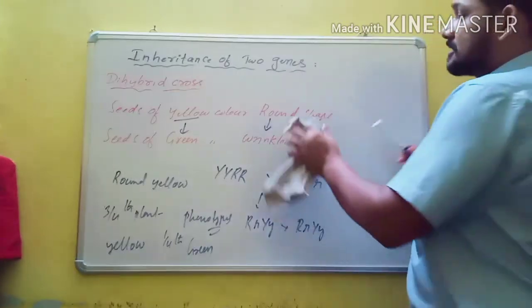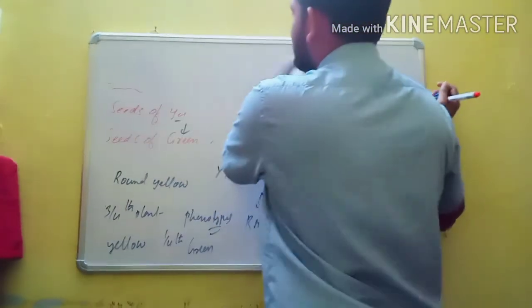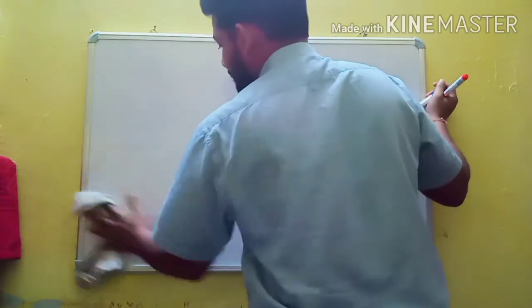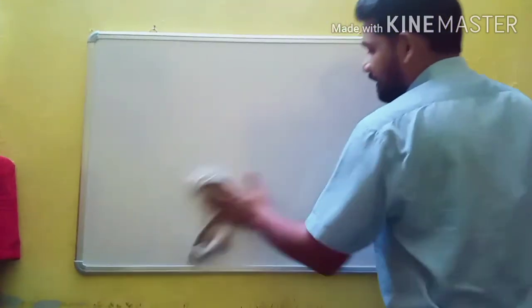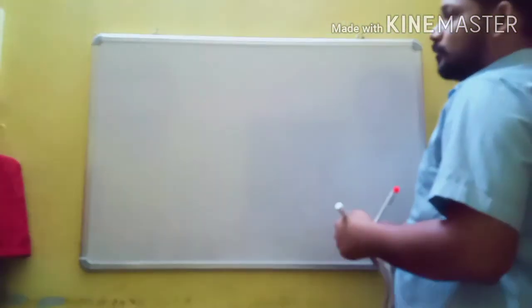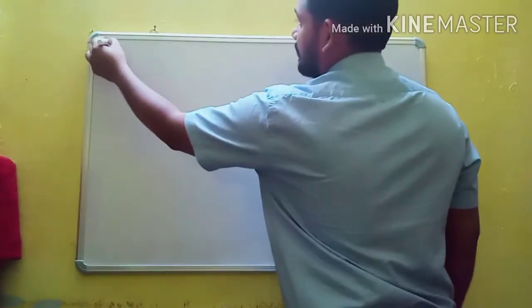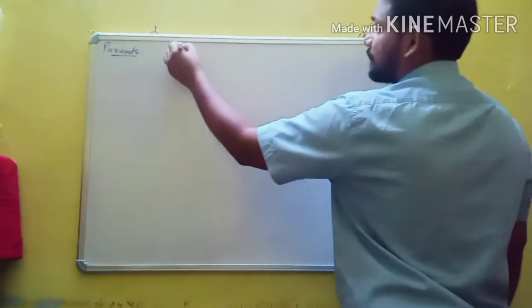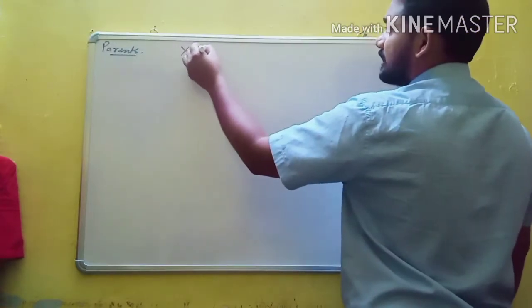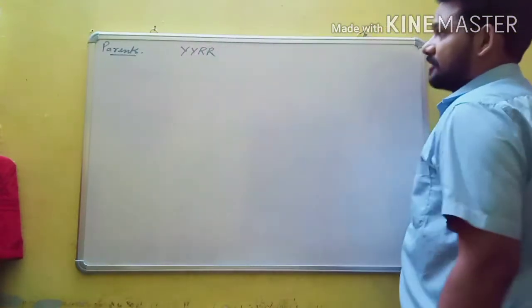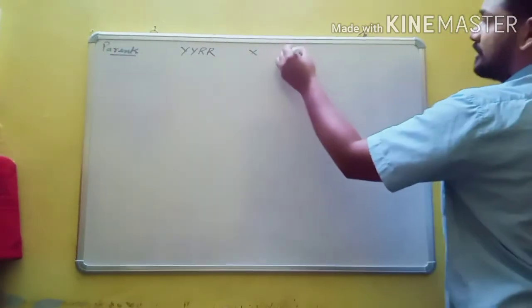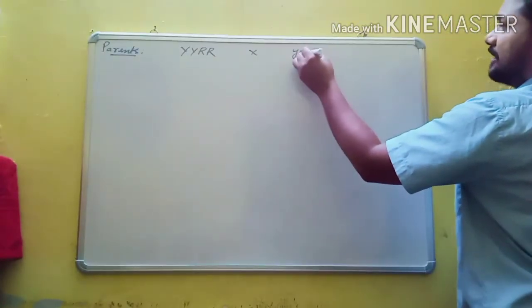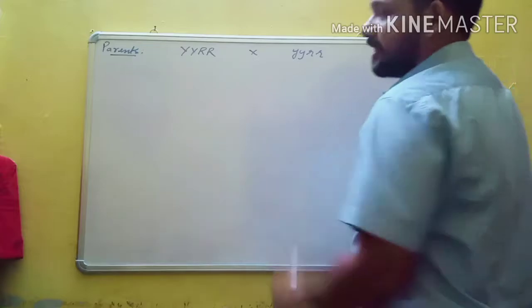So let us discuss the pattern of inheritance of two genes with the help of a Punnett square. What type of parents were taken by Mendel? One parent is homozygous yellow and round shape, and this is crossed with green wrinkled.